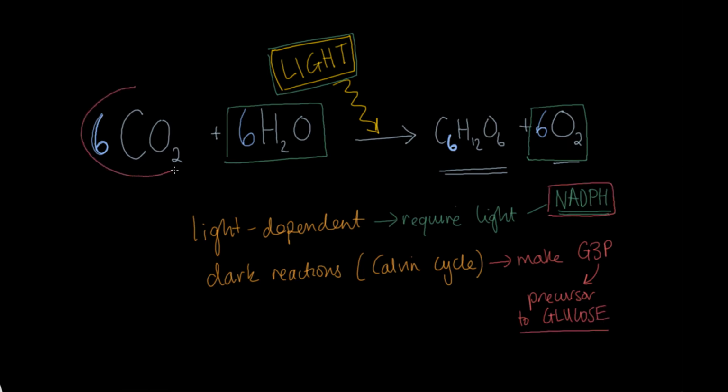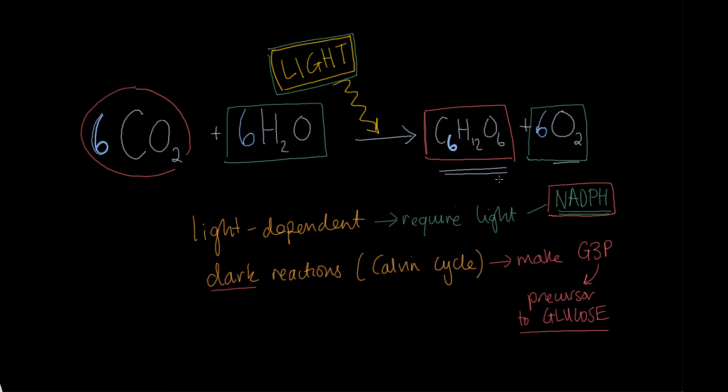Here's where the carbon comes from to make glucose, and here's the product of the glucose. So these parts here are the light independent or the dark reaction part of this equation.